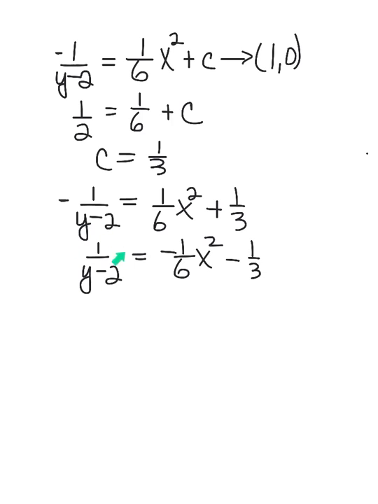I don't like the fact that the y is in the denominator, so I'm going to flip this, and I'm going to flip this as well, and I'll show you how we do that again, just in case you forgot. So I'm going to turn this into regular y minus 2. And then what I do is just take that right-hand side and put 1 over it. Okay? It's ugly, but it's right.